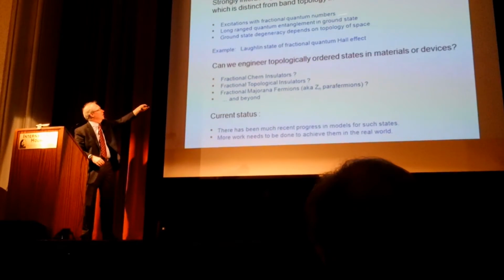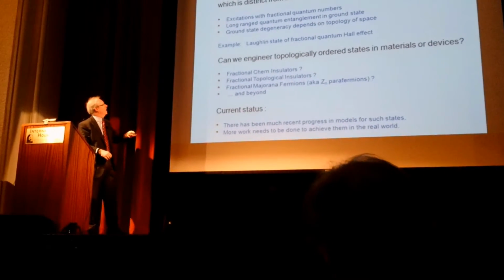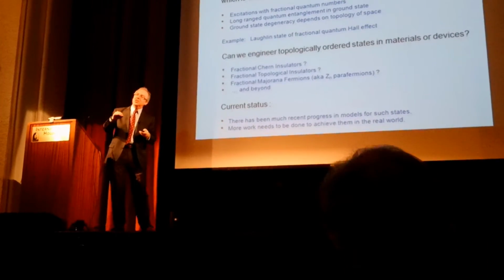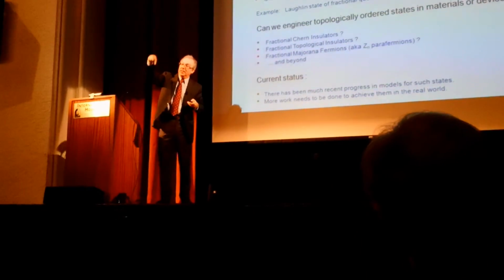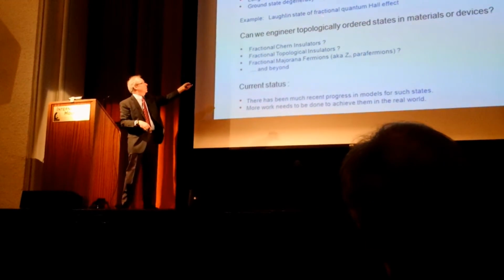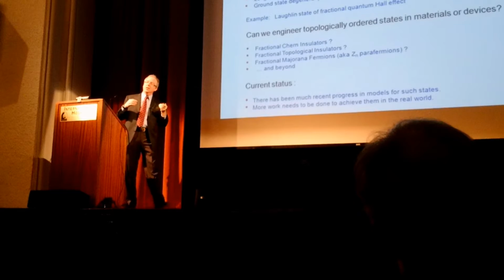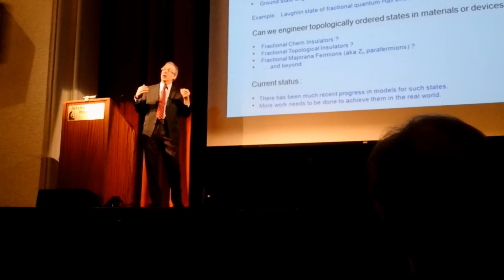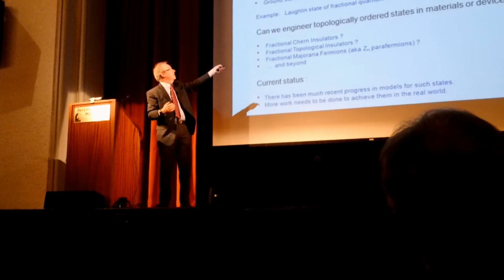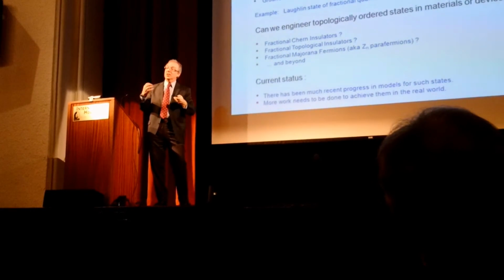You can have things that depend on the topology of the space. We know this can happen because this is something that can happen in the quantum Hall effect in a strong magnetic field. Okay? And what's called the Laughlin state of the fractional quantum Hall effect is a situation where we understand very well that this sort of exotic, strongly interacting states can occur.